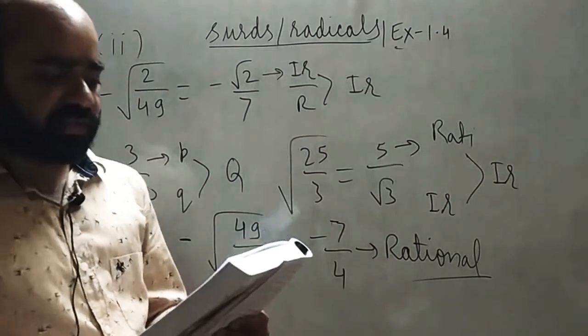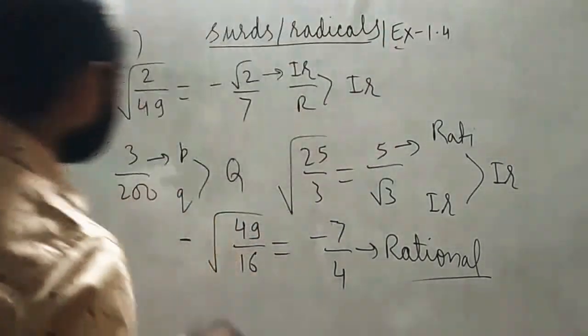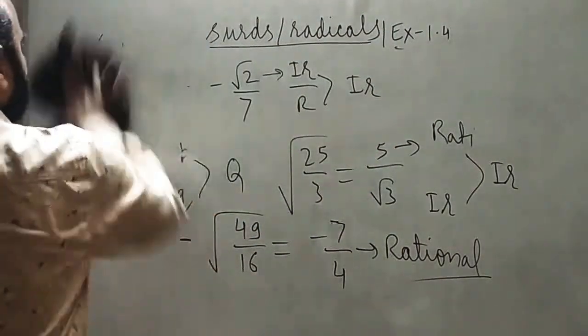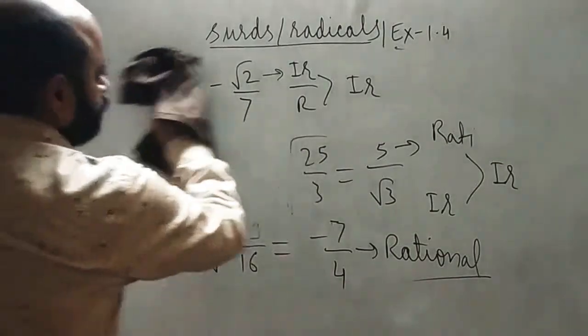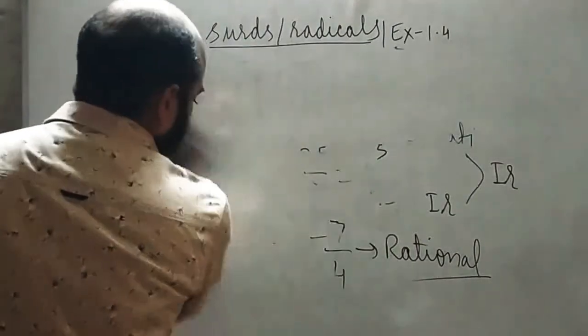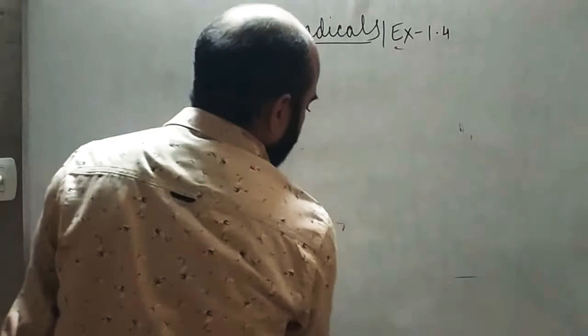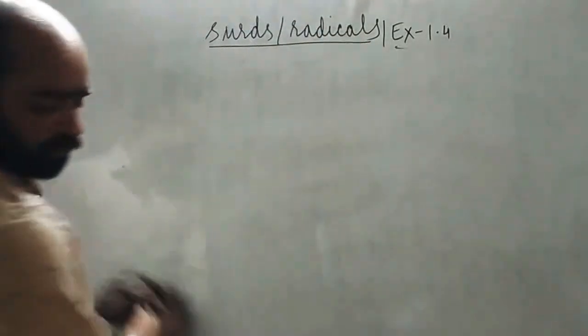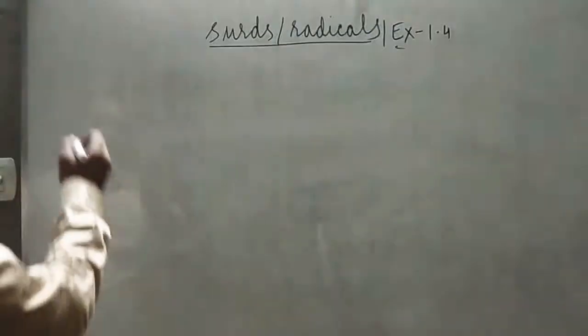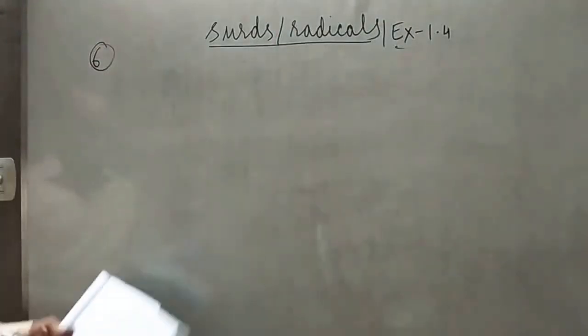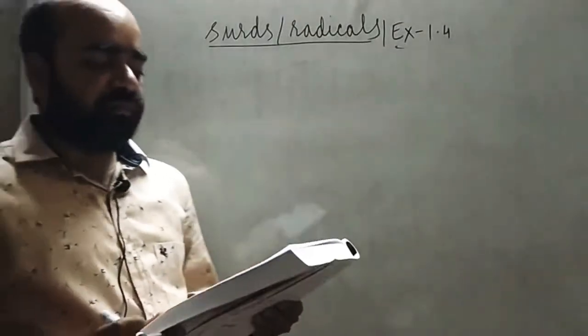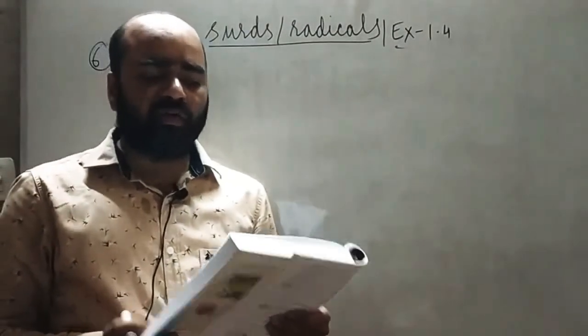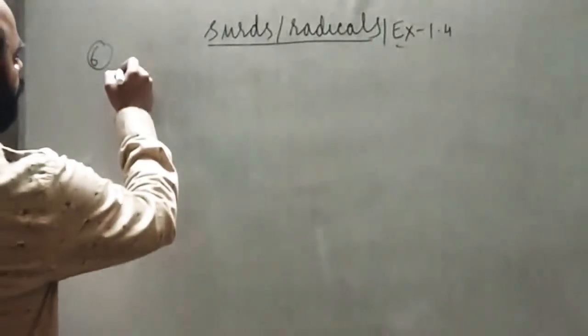Now question number 6. So question number 6 is, state which of the following numbers will change into a non-terminating, non-recurring decimal.